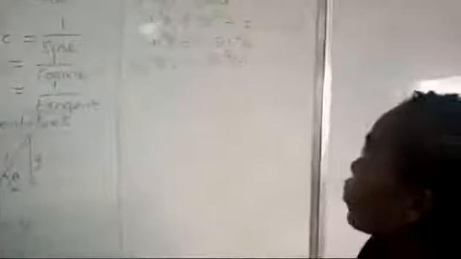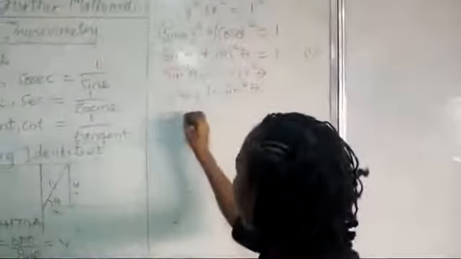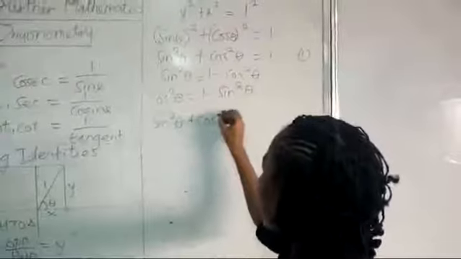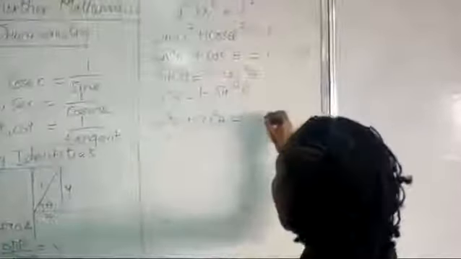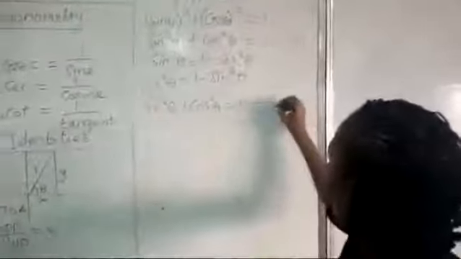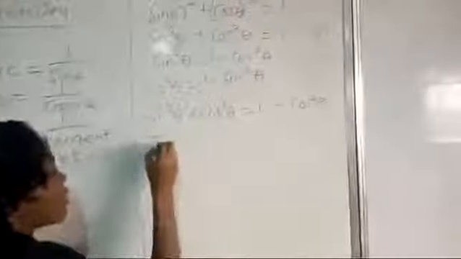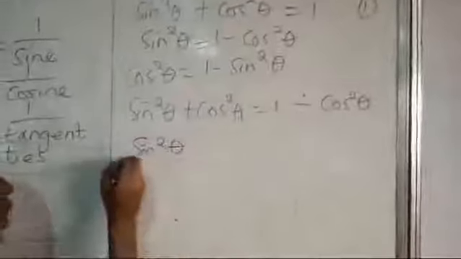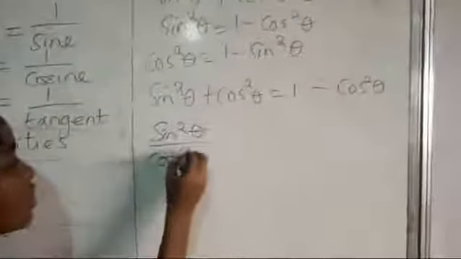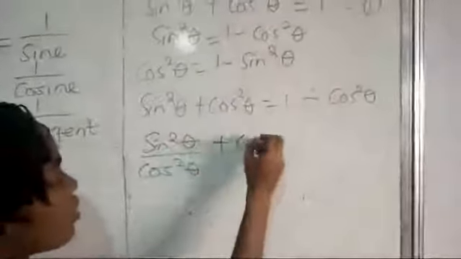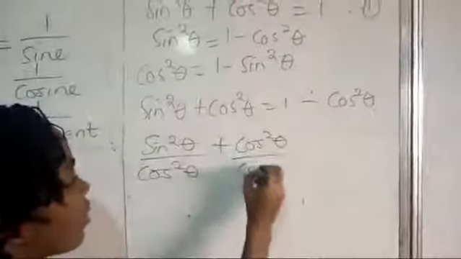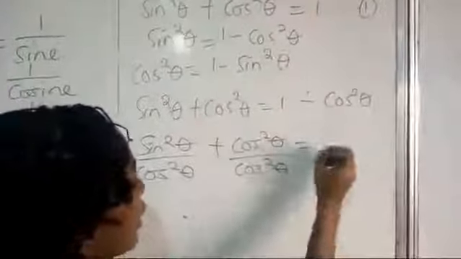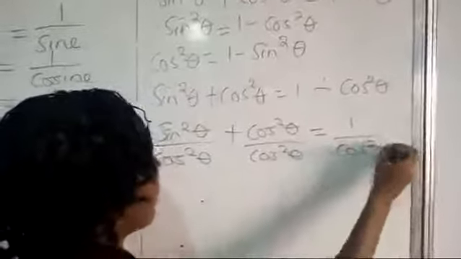Now the next thing, we want to divide this first identity, sine squared theta plus cos squared theta equals 1, through by cos squared theta. To achieve that, we have sine squared theta divided by cos squared theta, plus cos squared theta divided by cos squared theta, and then 1 divided by cos squared theta.